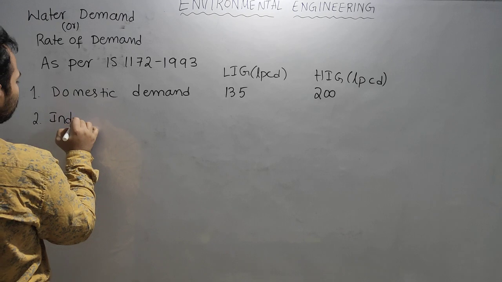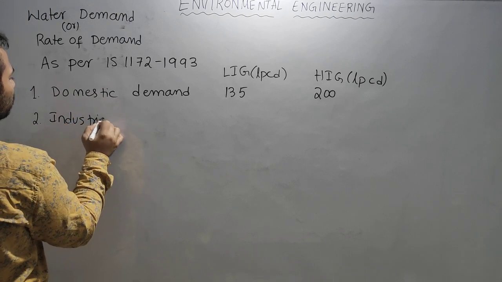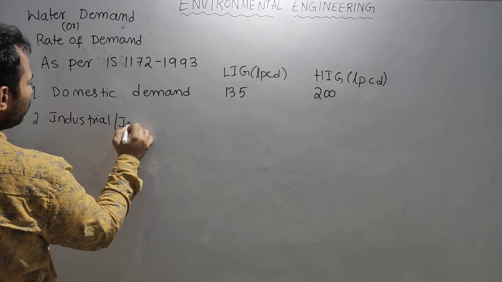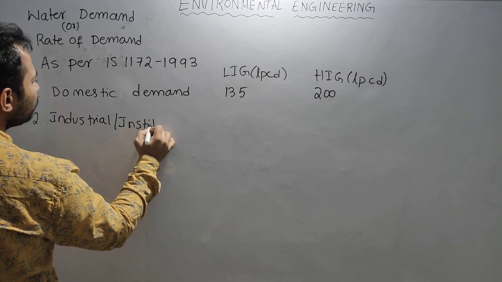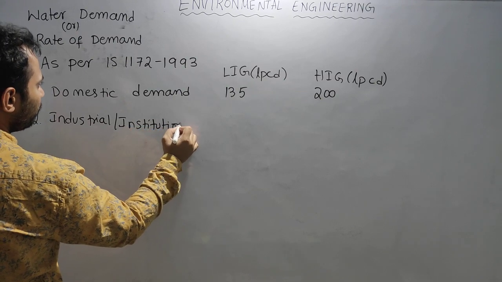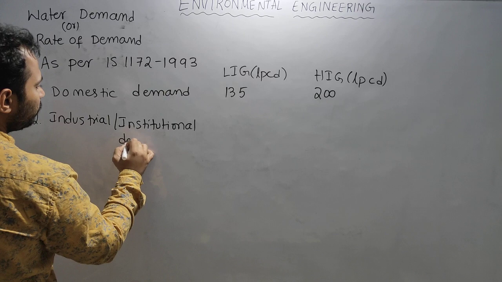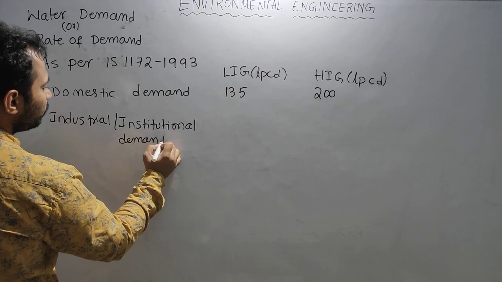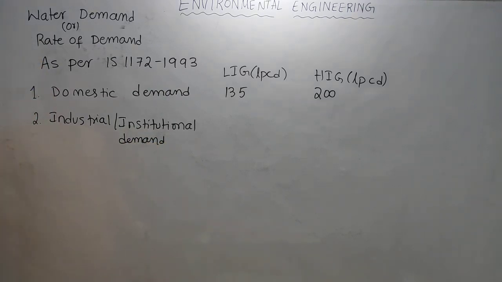Next is industrial or institutional water demand. It is taken as 50 LPCD for industrial and 20 LPCD for institutional.